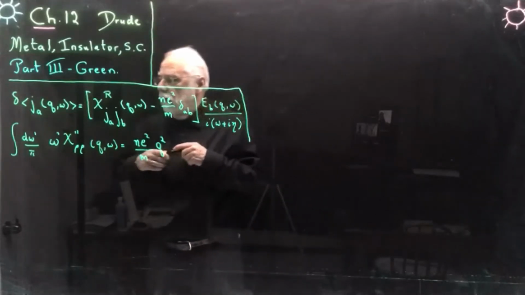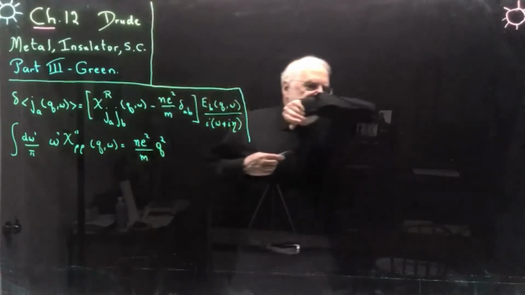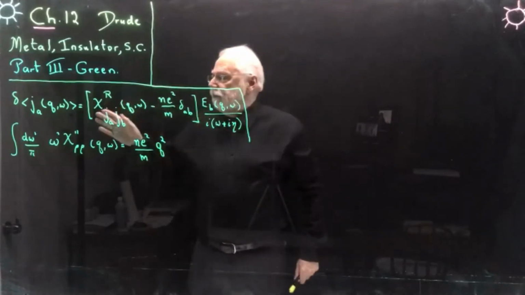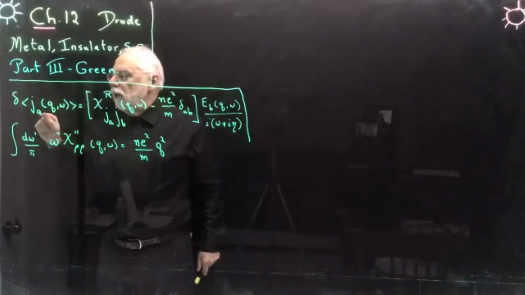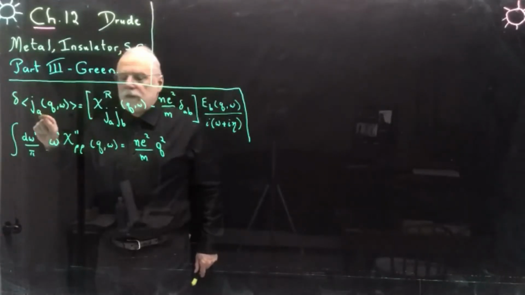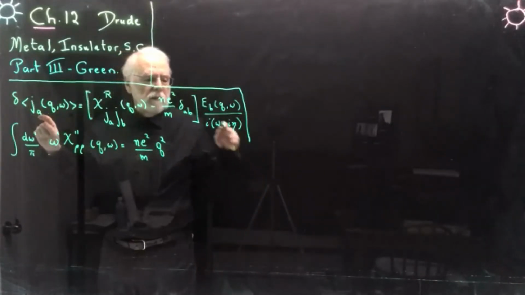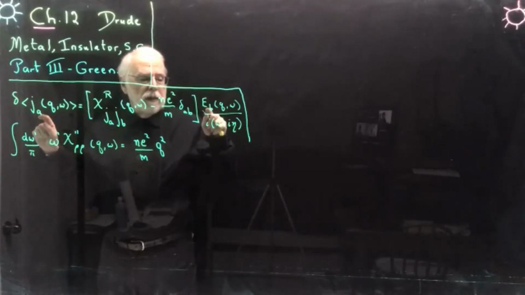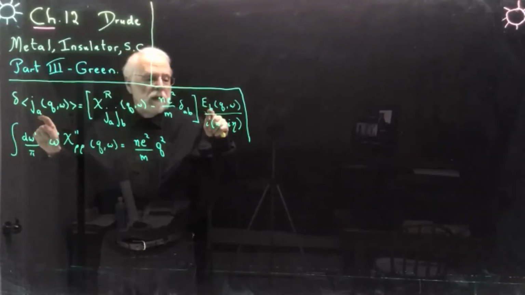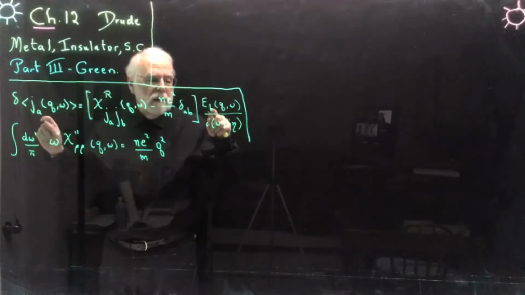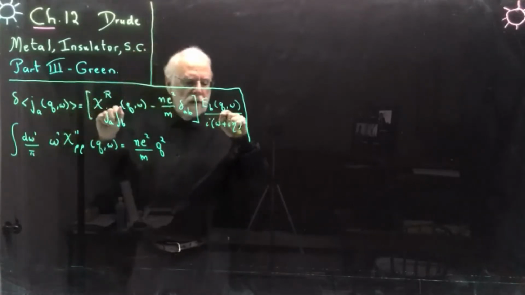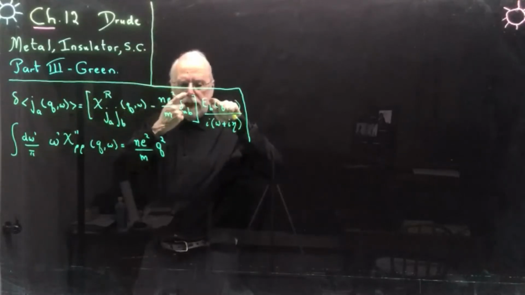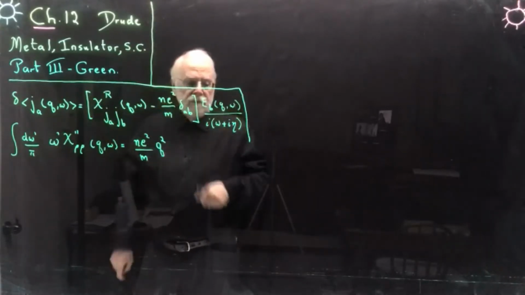So, what we have seen last time, excuse me, we've computed the response of the current in A direction to some vector potential in the B direction, but we wrote it in a gauge invariant way so that we could write the electric field here.